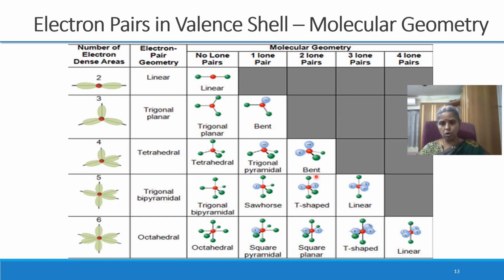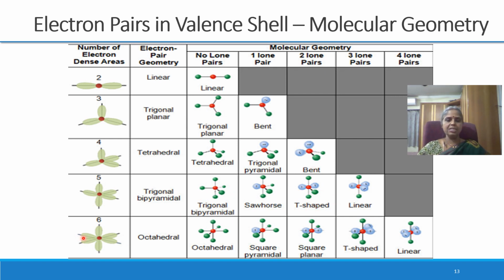And if there are three lone pairs, it is simply a linear molecule. Lone pairs are shown in blue. You can see three lone pairs in the equatorial plane, and the molecule is linear. Here there are two lone pairs in the equatorial plane, and the molecule is T-shaped. Green balls are the atoms.